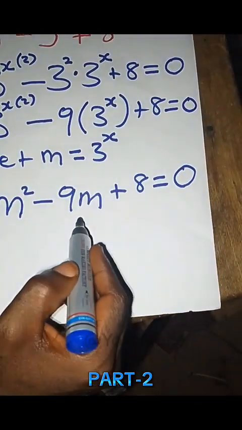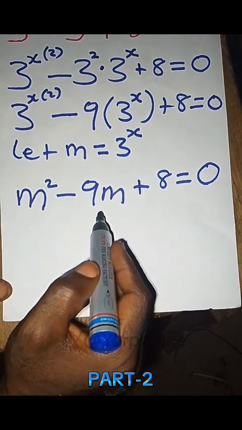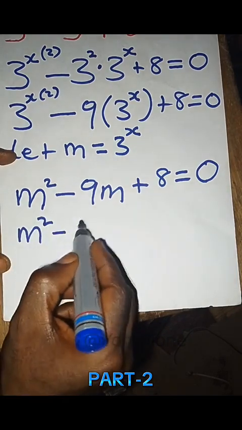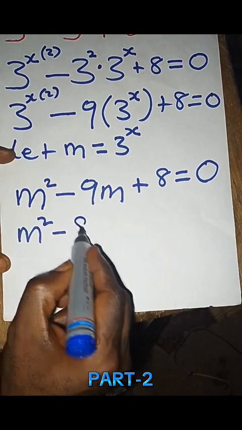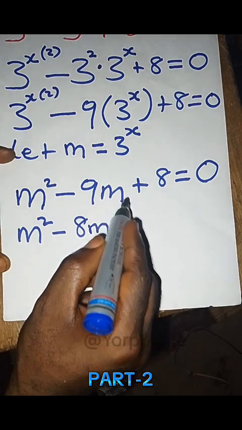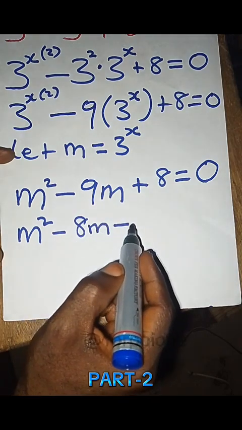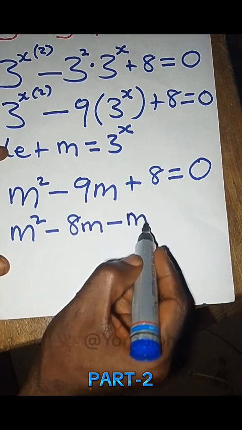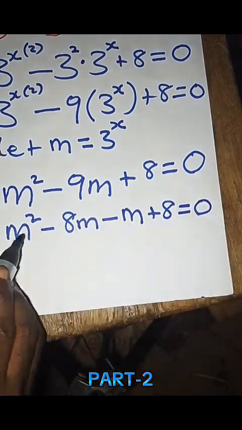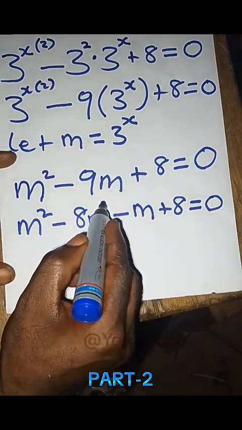So we're going to rewrite this 9 now using the factors. So now I have m square minus, no more 9, but we have the factors: 8m minus, of course, the 1, we don't have to write 1m, just m, plus 8 is equal to 0. As usual, we partition then.